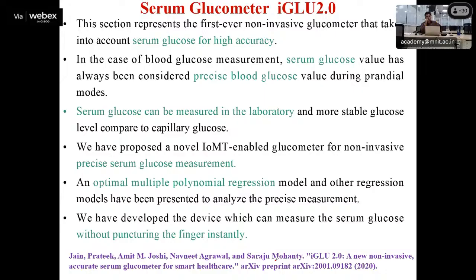Whenever you measure blood glucose from a self-monitoring device that we purchase from the market, where we use a strip and insert the strip with the blood sample into the device, I am using a whole blood sample to measure the blood glucose value, which we term the capillary glucose value.